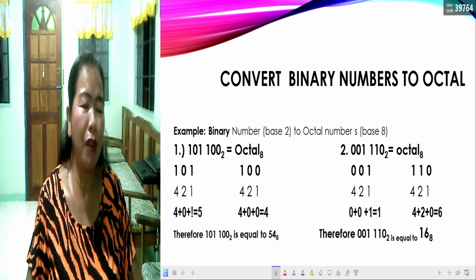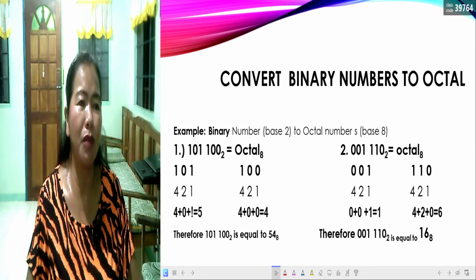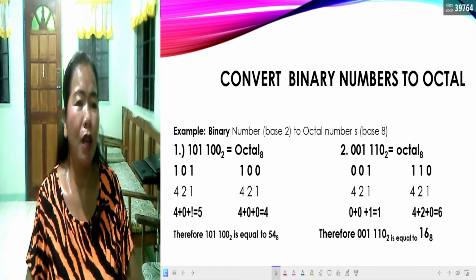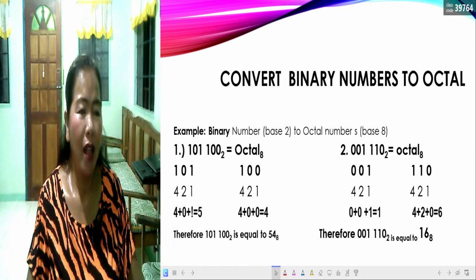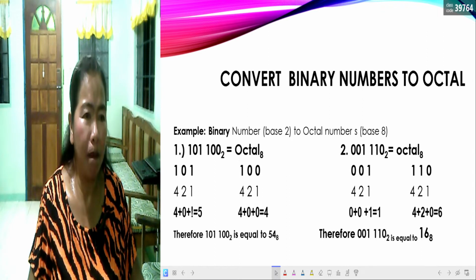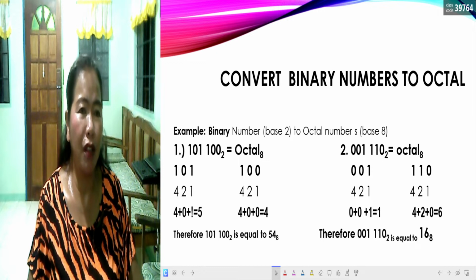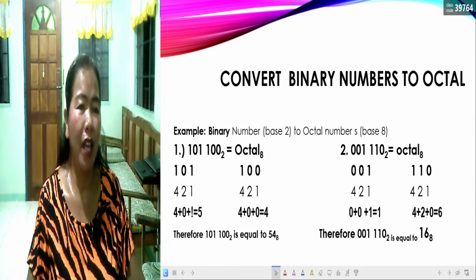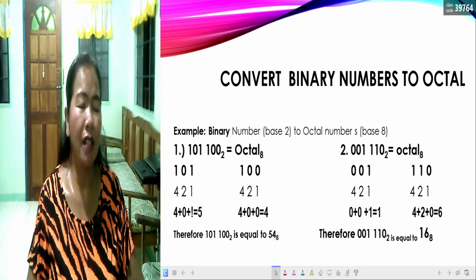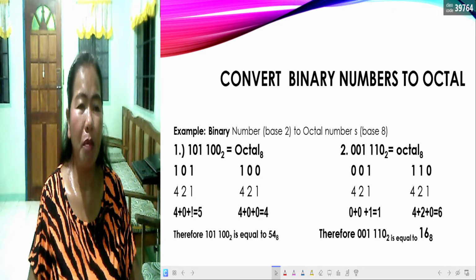So 1 times 4 is equal to 4, 0 times 2 is equal to 0, then 1 times 1 is equal to 1. Then you have to add them up. That results to 5. So that is the first digit of your answer in octal. Then the next number is 100.